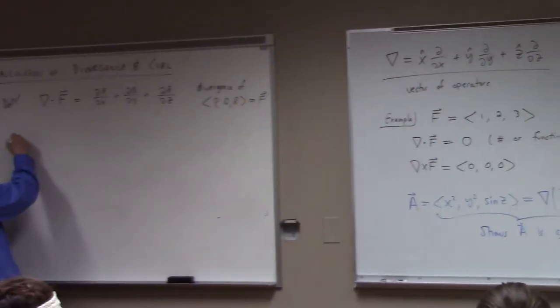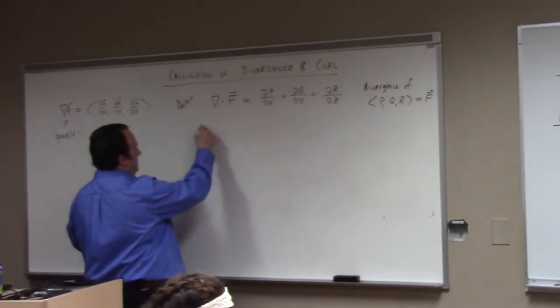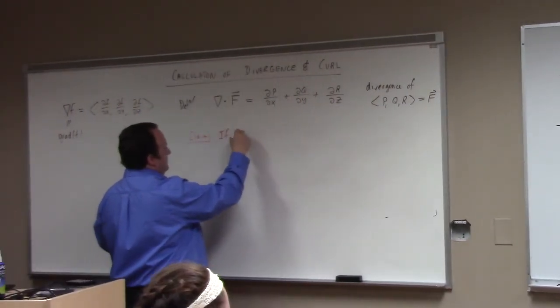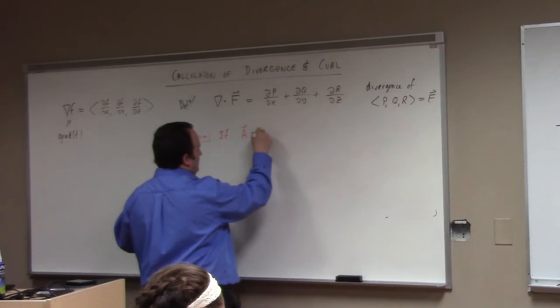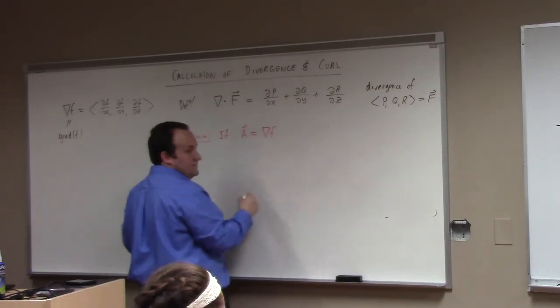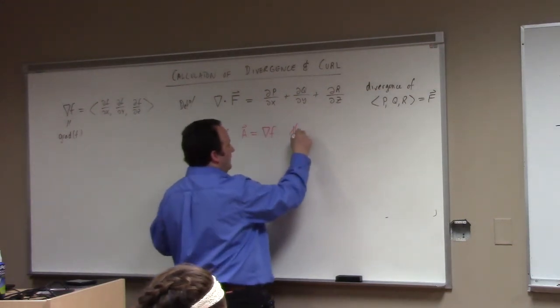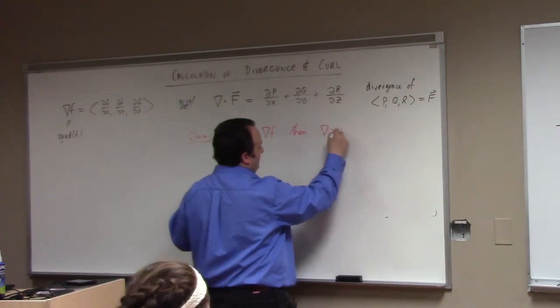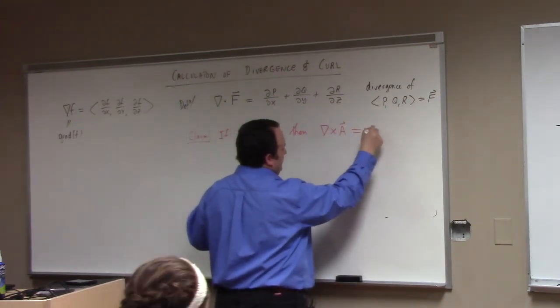So here's my claim. If we have A is the gradient of some function f, then the curl of A is equal to 0.